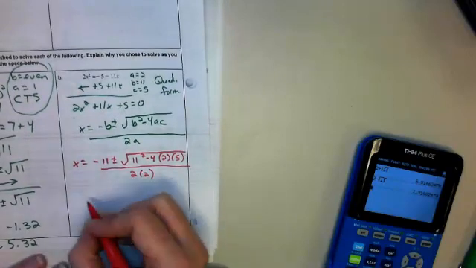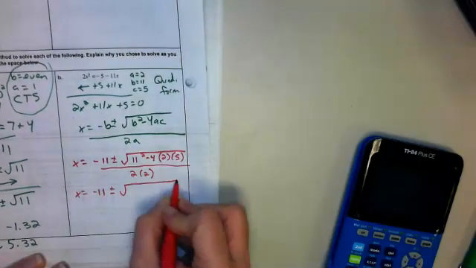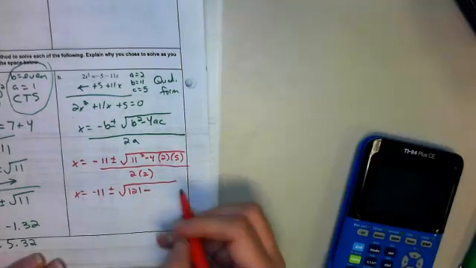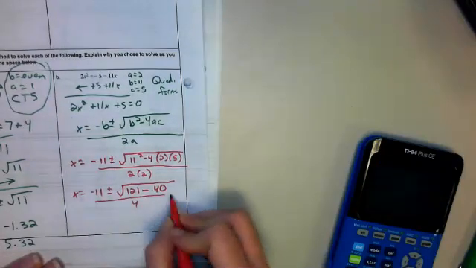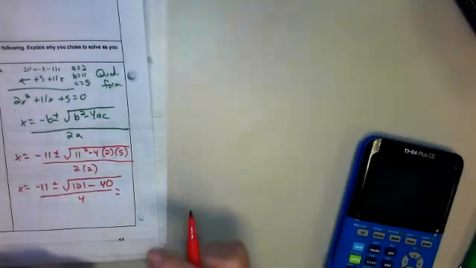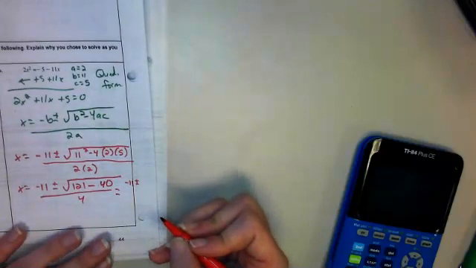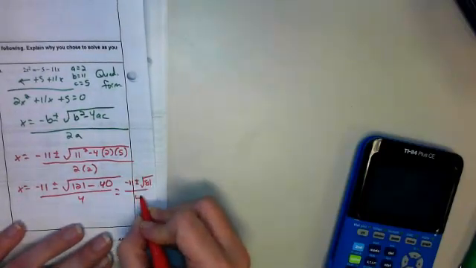So let's see what we get here. We're going to get negative 11 plus or minus square root of 121 minus 2 times 5 is 10 times 4 is 40, over 4. That's going to equal negative 11 plus or minus the square root of 121 minus 40, which gives me, oh, this is a nice one, 81 over 4.